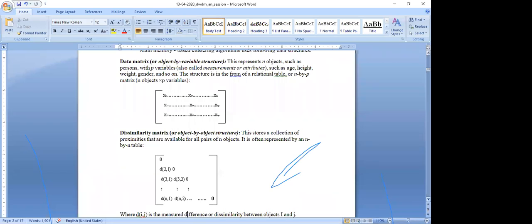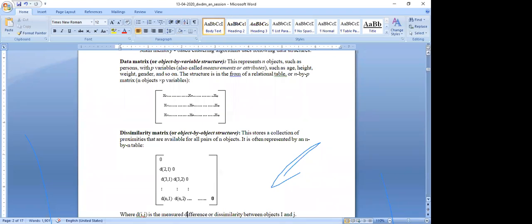So whenever a clustering technique is given, and the data is given in the data matrix, first we need to convert the data into the dissimilarity matrix and then go for the cluster analysis.